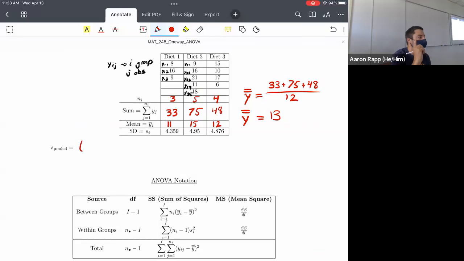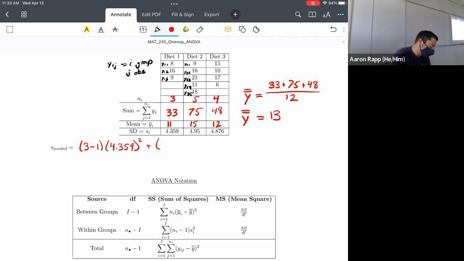So for the first group, again, how many observations did I have? 3. So I'll take the total number of observations I had minus 1 and then multiply it by the standard deviation for the first group squared, which is 4.359. And I'm going to add to it the information from my second group.